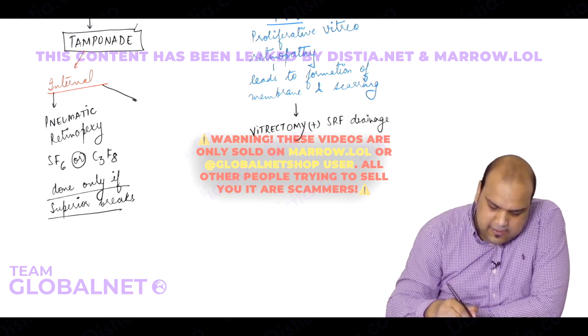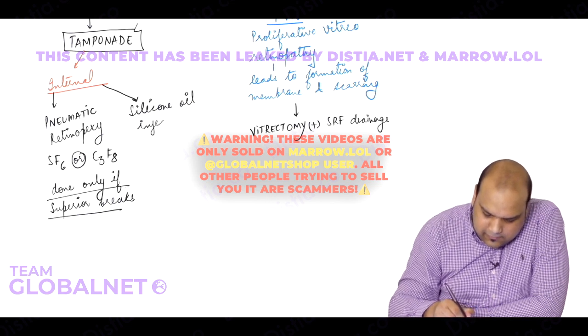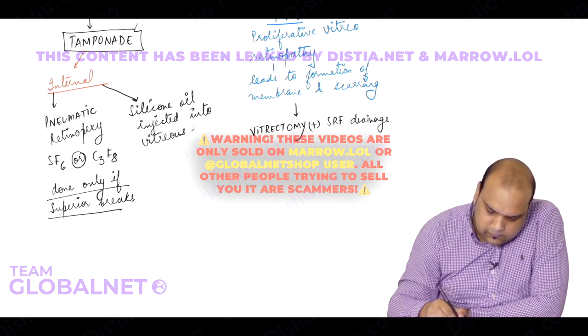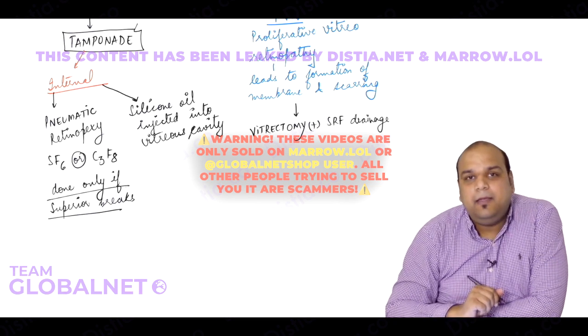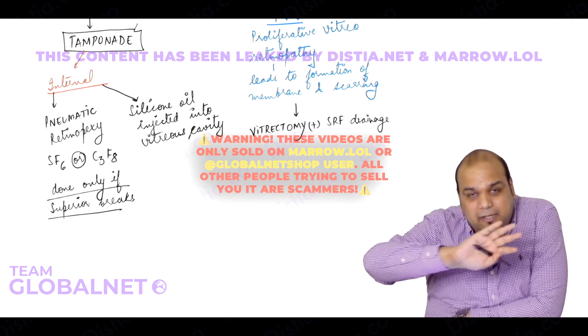The second way is silicone oil injected into vitreous cavity. Am I clear, everybody? Oil is heavier than water. It will displace the liquefied vitreous. It will compress.